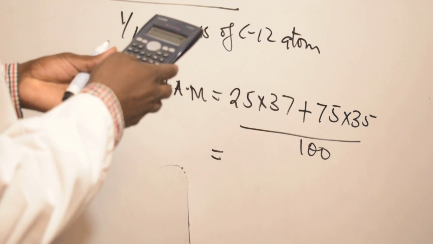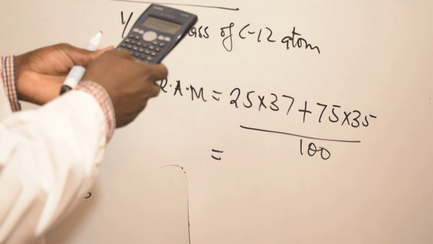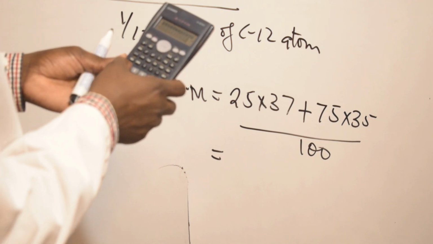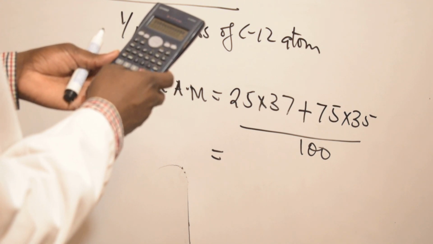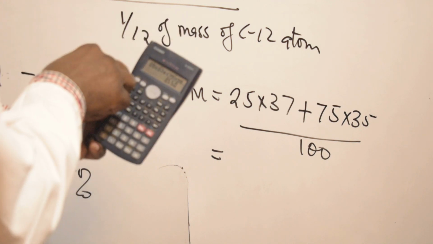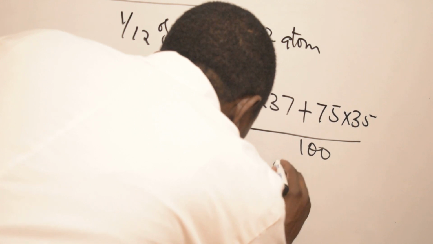So I'm going to have 25 times 37 plus 75 times 35, all divided by 100. Now I'm going to have 35.5.